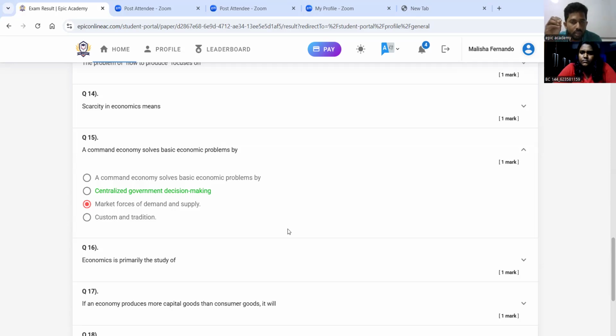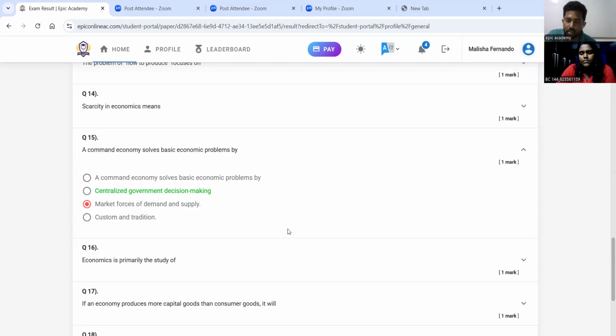There's no role for prices, no duties for the private sector. Each and everything is decided by the government authorities. We call it a command economy. Otherwise, we can call it a socialized planning economy or command economy, commanded by the government.